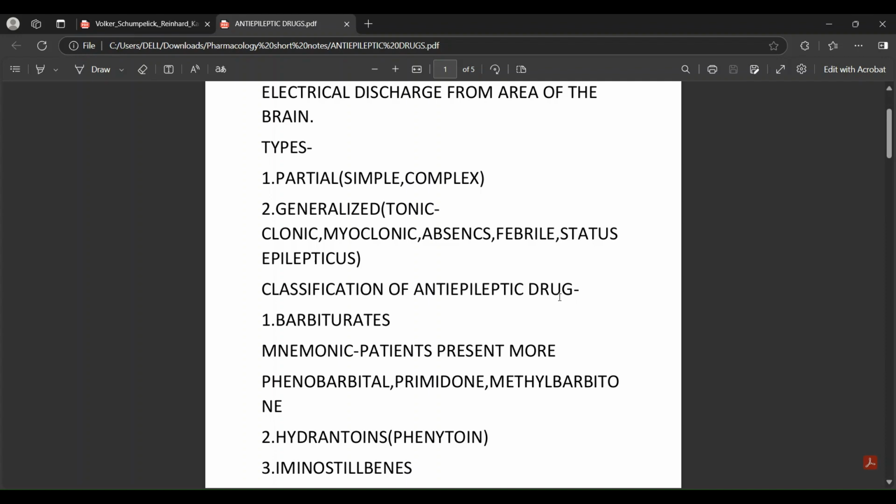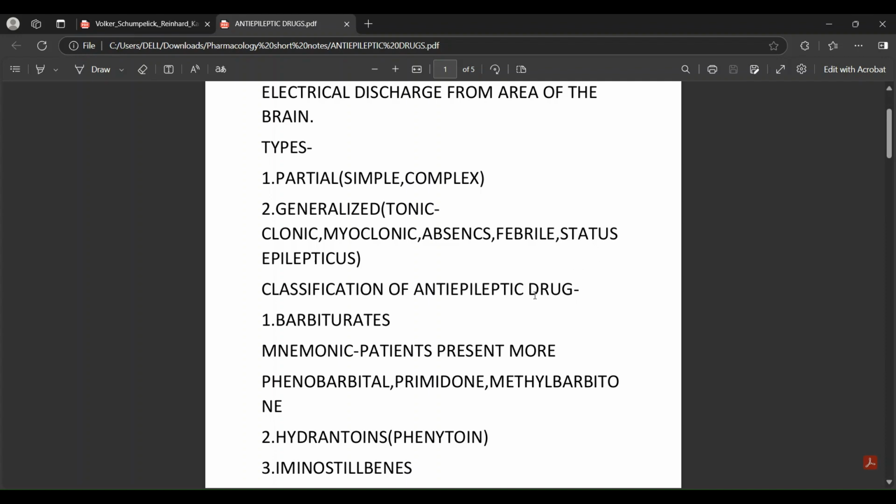Simple means the patient is conscious, complex means the patient is unconscious. Generalized includes tonic-clonic, myoclonic, absence seizures, which can be seen in children, and febrile seizures, and also status epilepticus, which is an exacerbation of epilepsy.